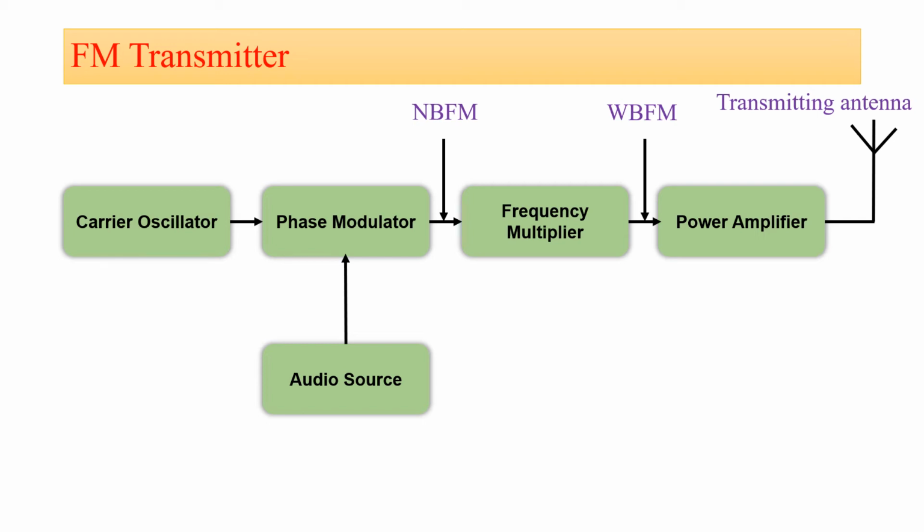Means the output of the frequency multiplier is converted from narrow band to wide band FM, but it has a low power level. To convert that low power level into high power level, we require the power amplifier. So this WBFM is passed through one or more stages of power amplifier to boost the power level, and finally this wideband frequency modulated waveform is transmitted by using the transmitting antenna.